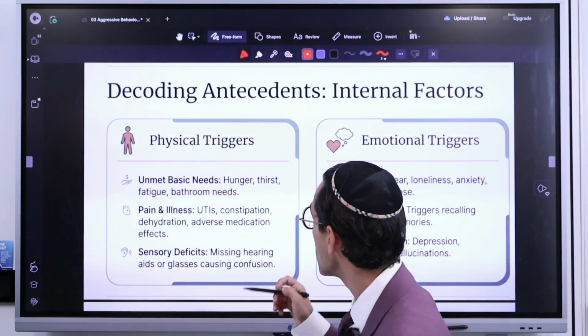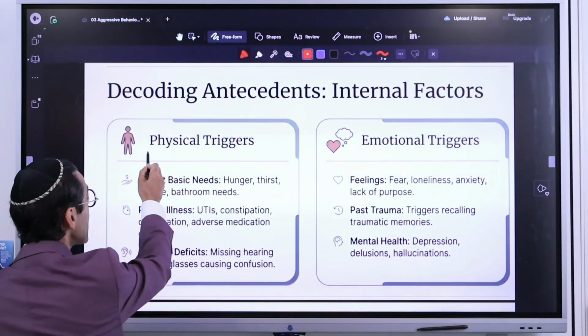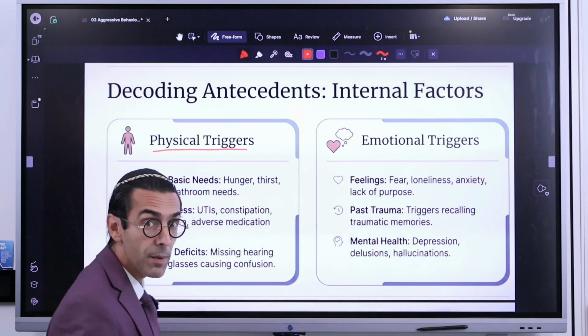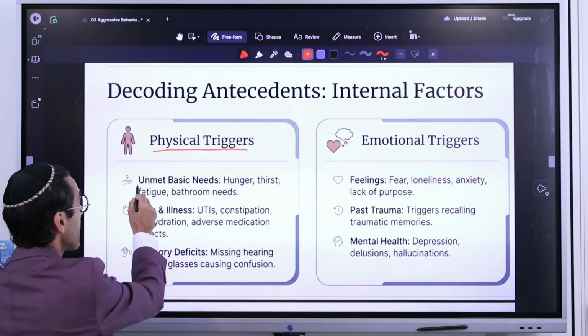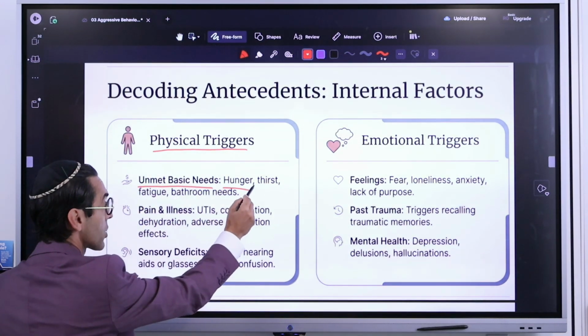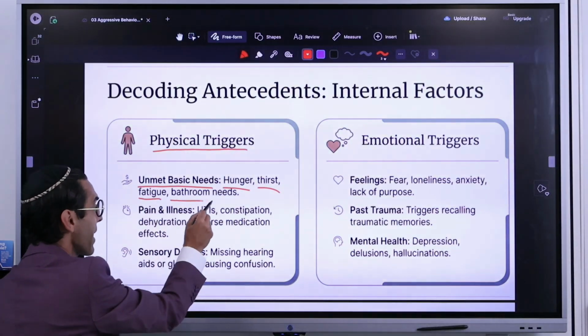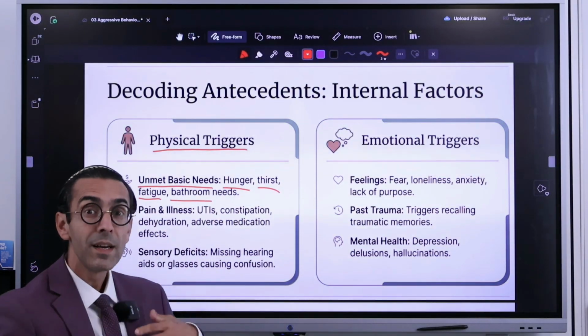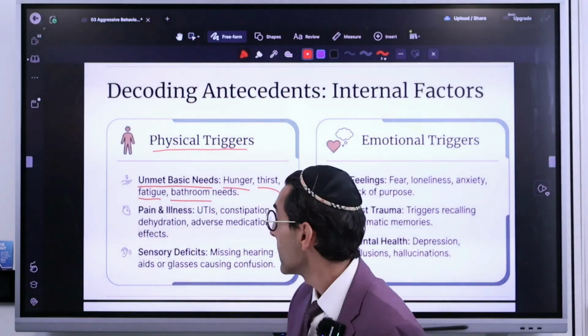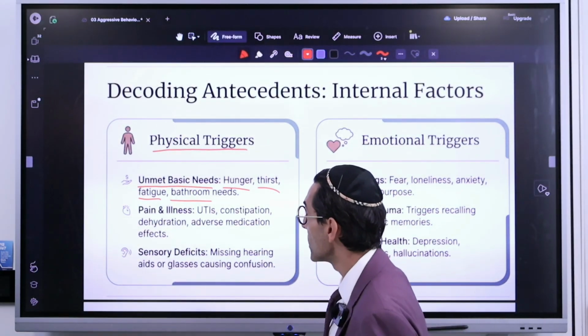Let's go through the internal. Internal triggers could be physical triggers, like unmet basic needs: hunger, thirst, fatigue, bathroom needs, pain, illness, UTIs. Those are all internal triggers.